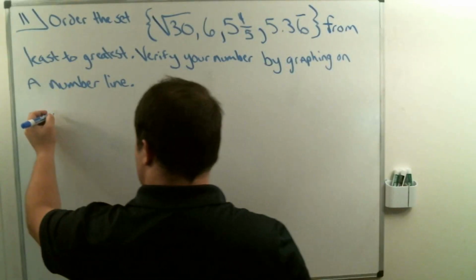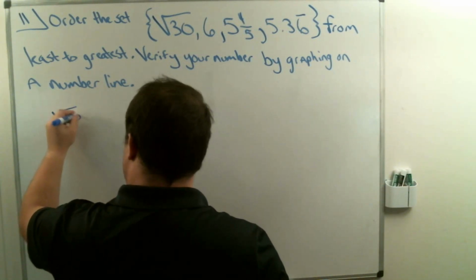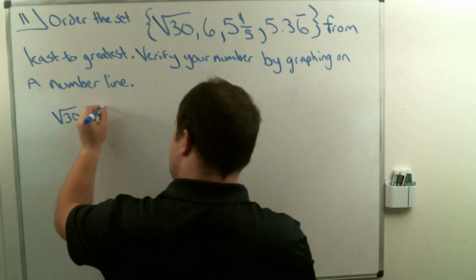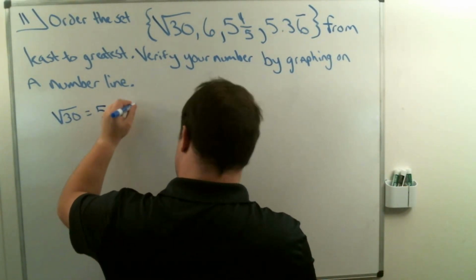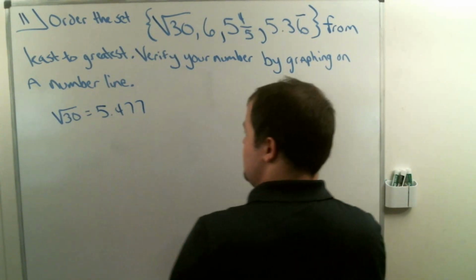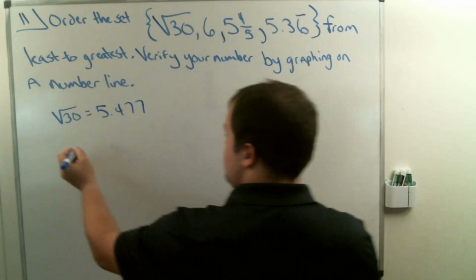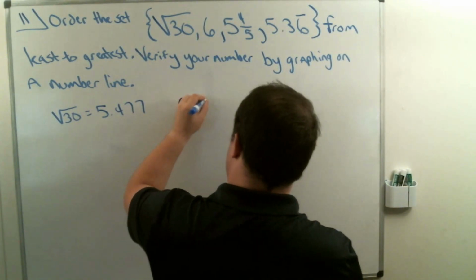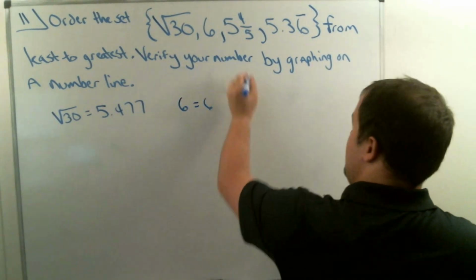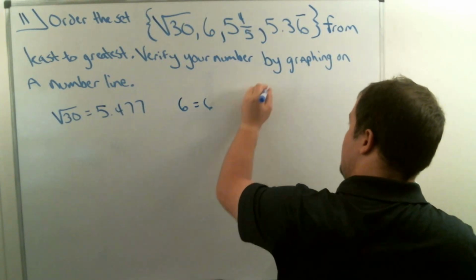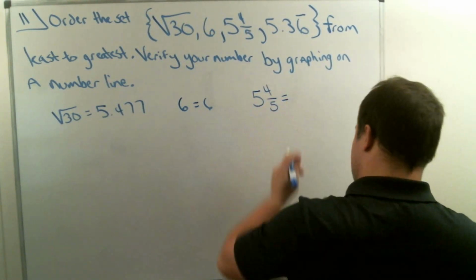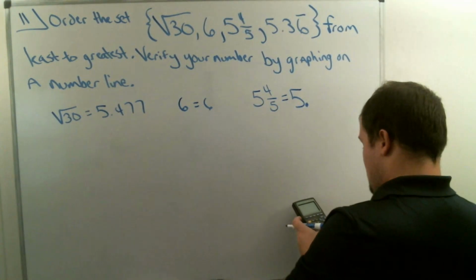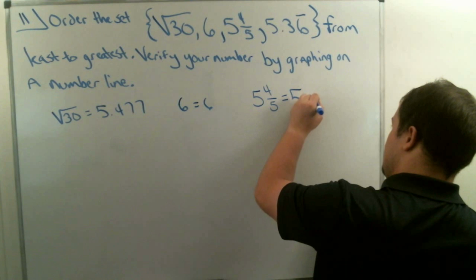So first thing I'm going to do is figure out what the square root of 30 is, and I'm going to write down its decimal. The square root of 30 says 5.477, and I could probably stop there. 6 is already written as a number, so 6 is equal to 6. 5 and 4/5 is going to be, well, the whole number is 5, so 5, and 4 divided by 5 is 0.8.